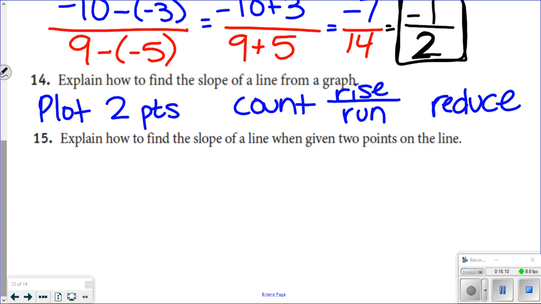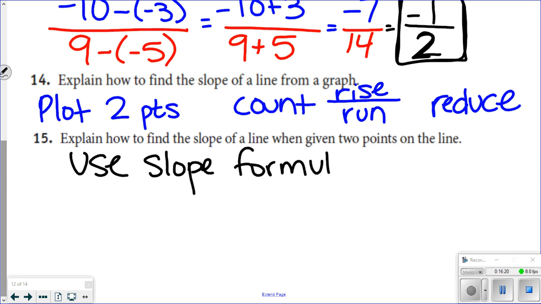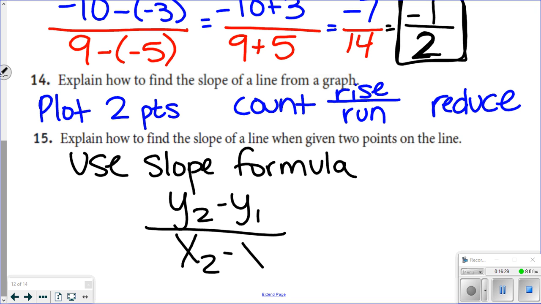Difference means subtraction. And your difference in the x values. All right, I would say we're going to use the slope formula. And find the difference in your y values over or divided by the difference in your x values. Change in y divided by change in x.